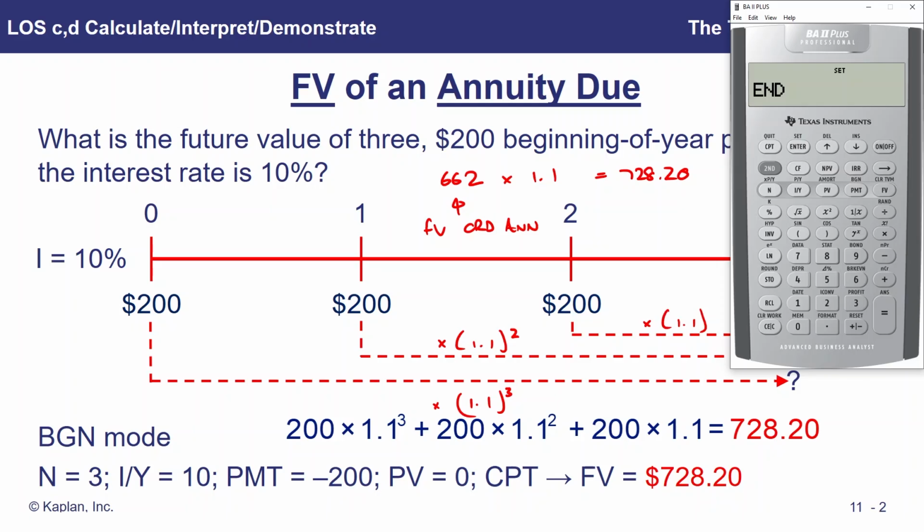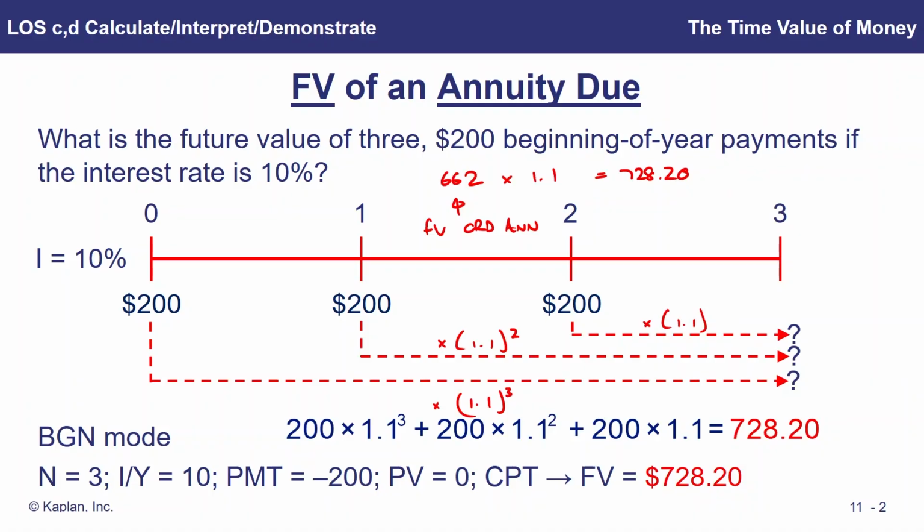Then you get another quants question that involves discounting. You forget you've got your calculator in begin mode and you can't get the right answer. Or worse than that, one of the answers they've given you is if you've left the calculator in begin mode. So get into the habit, if you do put it in begin mode, of immediately switching it back to end mode at the end of the computation.